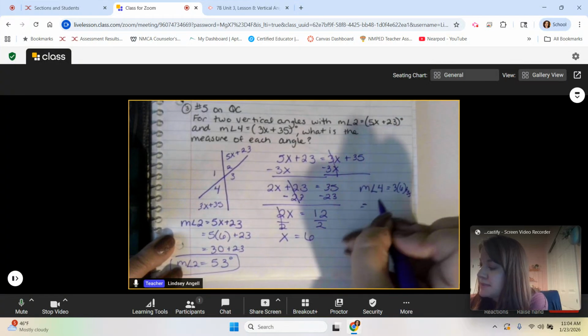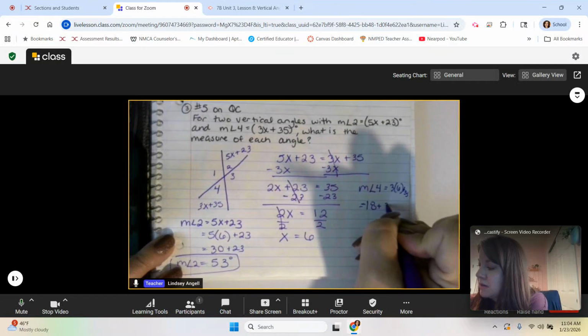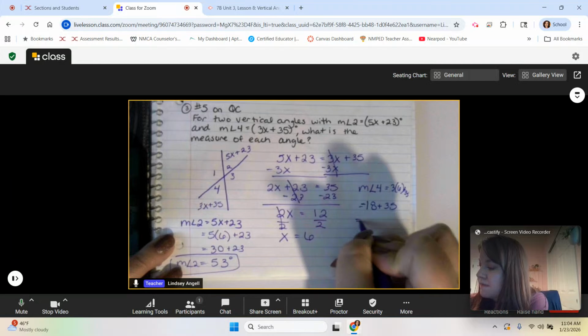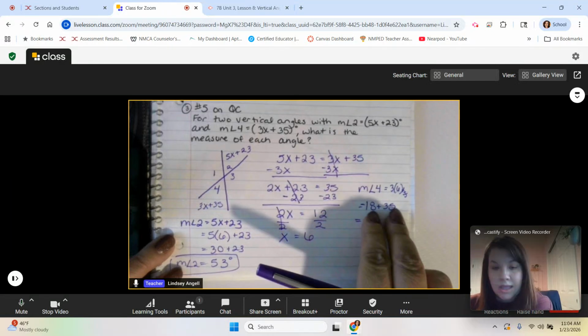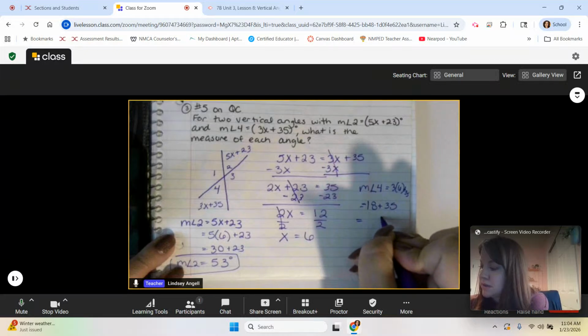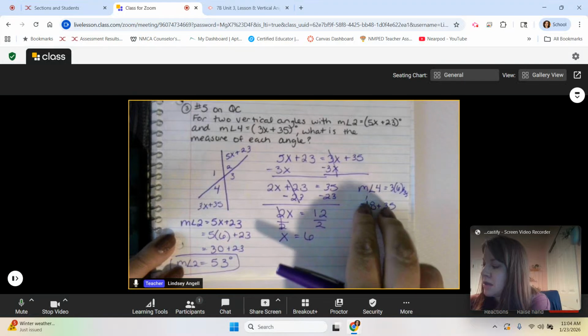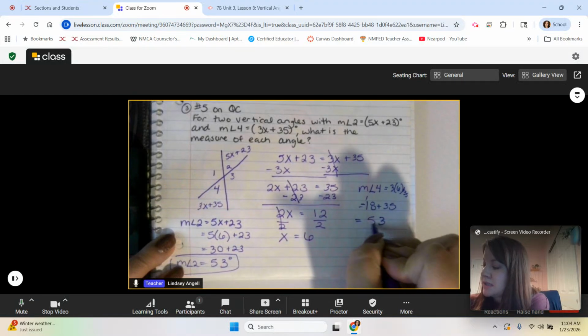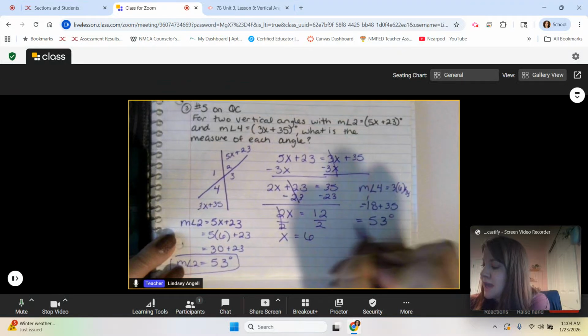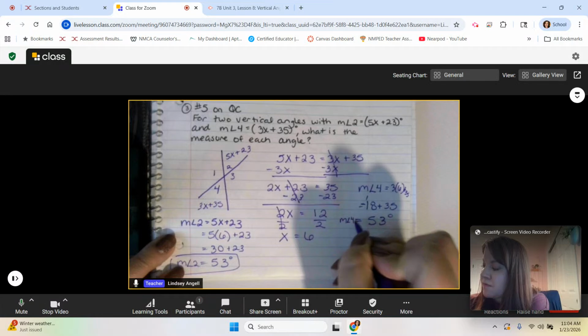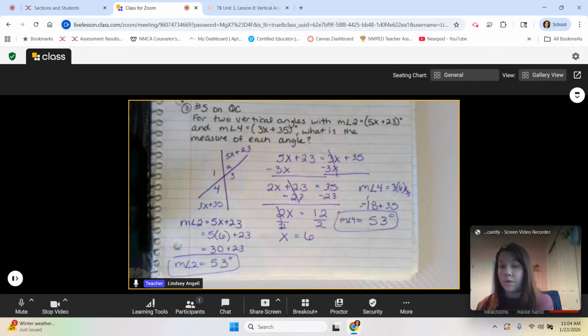Well, 3 times 6 is 18 plus 35. 8 plus 5 is 13. We'll carry one of those ones, and then 30 plus 10 is 50. So we did, yay! Measure of angle 4 is 53 degrees. So each of them is 53 degrees, which is good because they're vertical. They need to be equal.